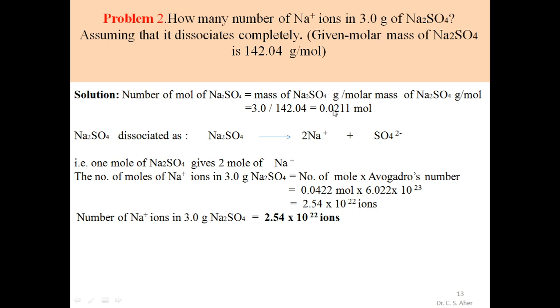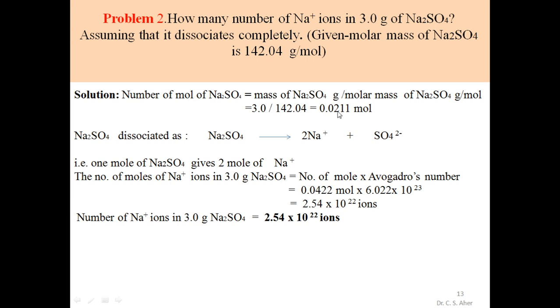If this many moles of sodium sulfate are added into water, what happens? It undergoes dissociation. So when this much sodium sulfate dissociates, it gives 2 moles of Na plus and 1 mole of sulfate ion. See, 1 mole of sodium sulfate gives double the number, that is 2 moles of Na plus. When we use this many moles of sodium sulfate, what is the moles of Na plus?